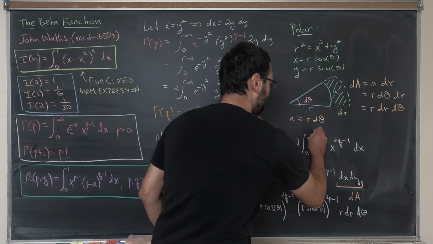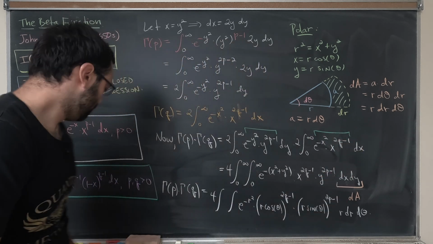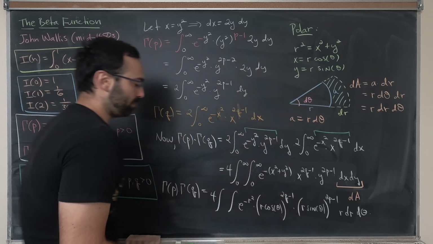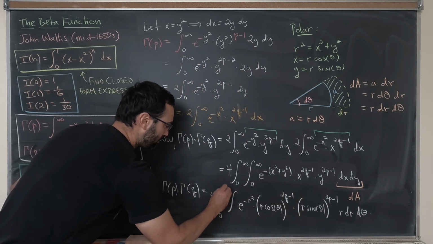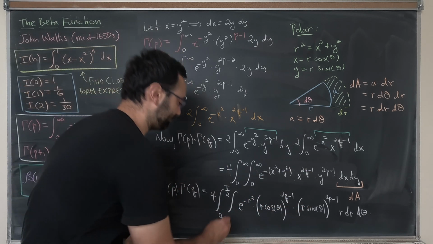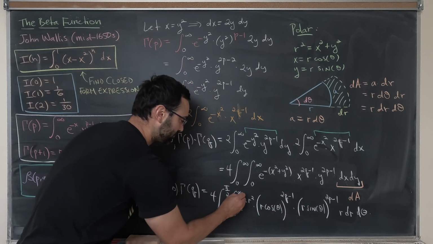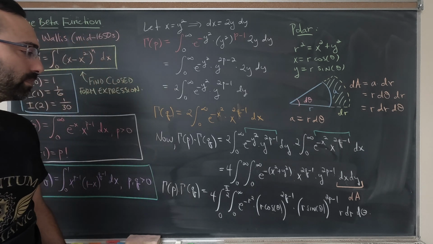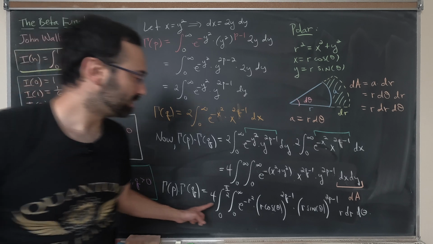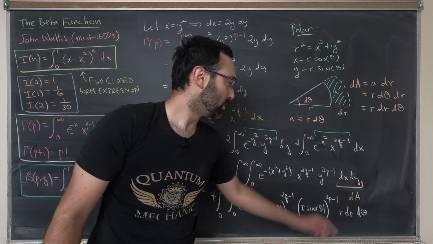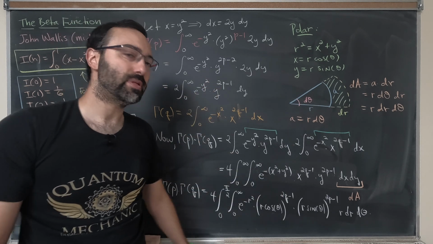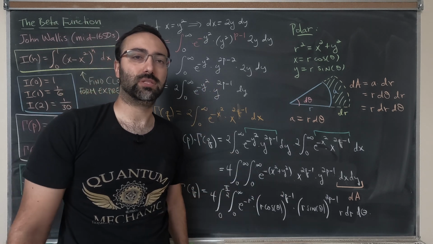Same argument for this as well. So in the first quadrant, theta runs from 0 to pi over 2, and r runs from 0 to infinity. Okay, good. So now we have gamma of p times gamma of q as this expression right here. So we're going to move this over to the next board and continue with it, manipulate it a little bit more, and see where this leads us.